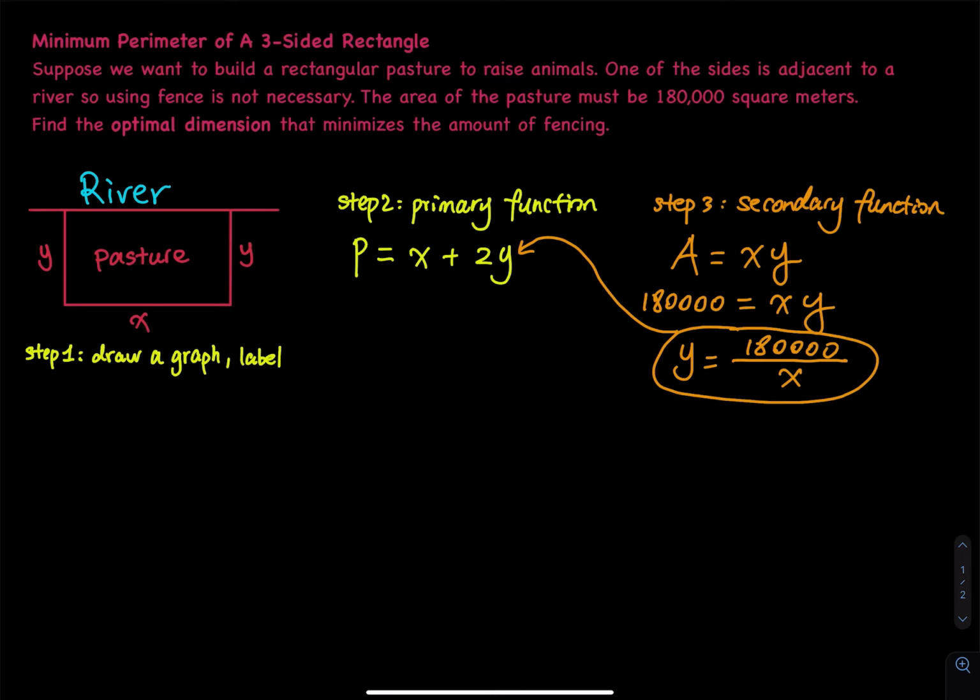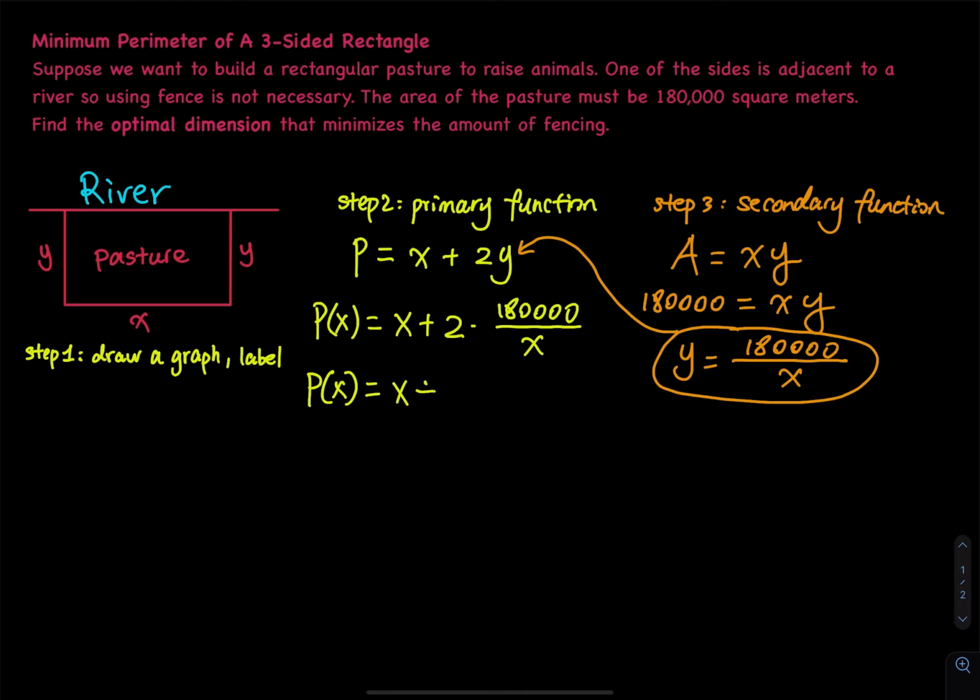Now I am not writing P anymore, I am writing P of X. That equals X plus 2 times 180,000 divided by X. Now the perimeter function is in terms of one variable. So P of X equals X plus 2 times 180,000, which is 360,000, times X to the negative 1. That is my primary.